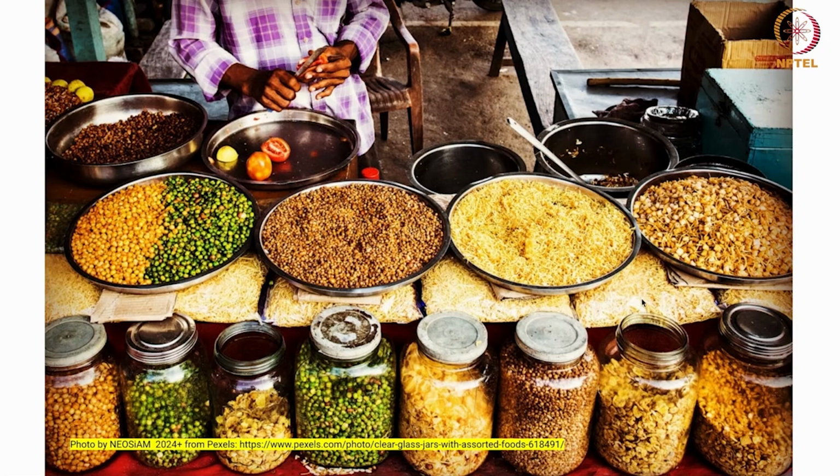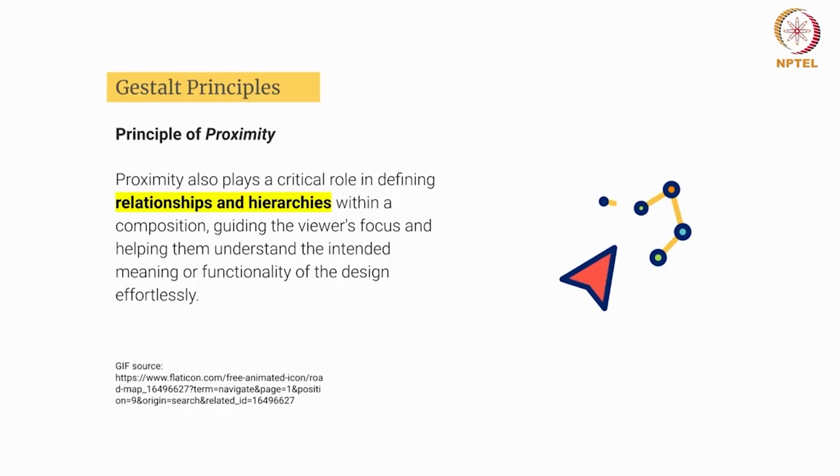Again here in the background below it, you can see different packets of snacks. Again, you will create a grouping in that way. Primarily, when you see this picture, the sense of grouping is already being projected by the vendor such that you can easily highlight, or get used to, the idea of different snacks.